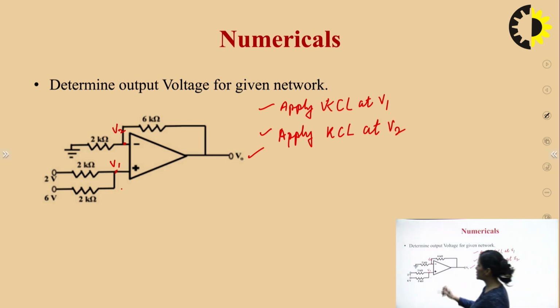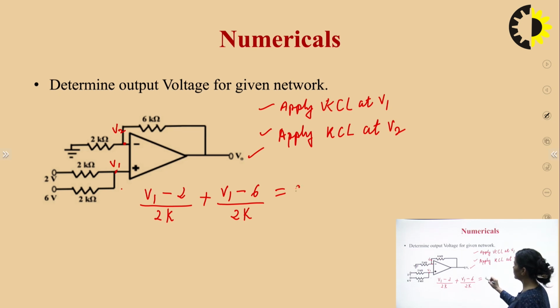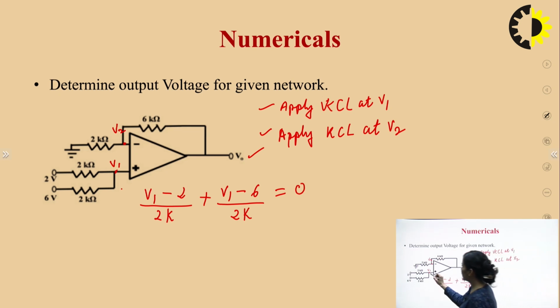When you apply KCL at V1, the expression will be (V1 minus 2 volts) upon 2K plus (V1 minus 6 volts) upon 2K equal to 0, because the current going into the terminal, that is the input current, is equal to 0.